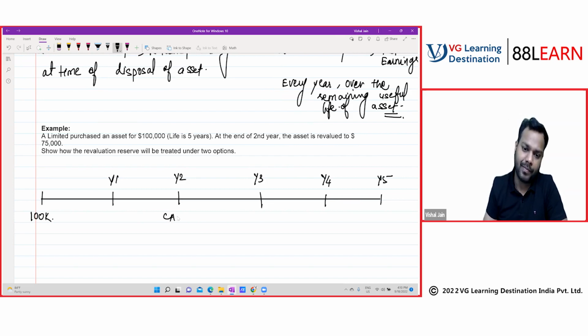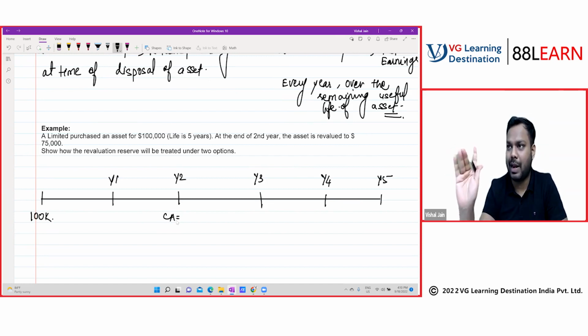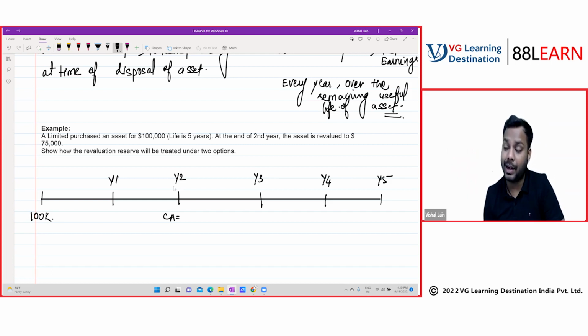Subham, at the end of year 2, what is the carrying amount? 80K at the end of second year? 60K. Very good.